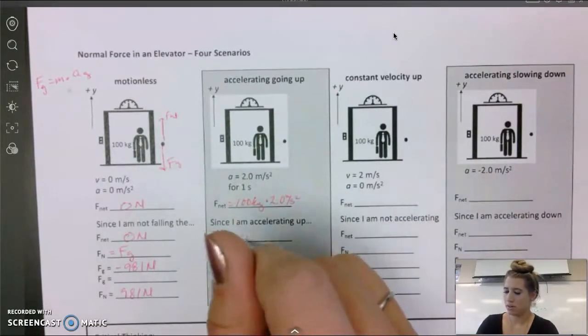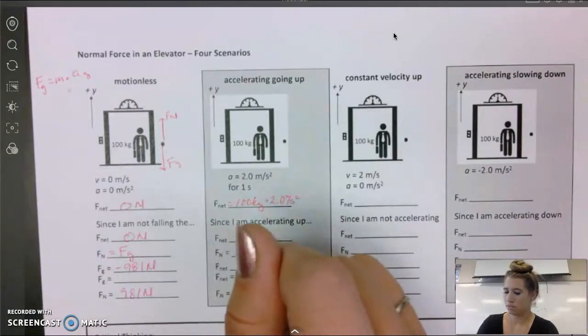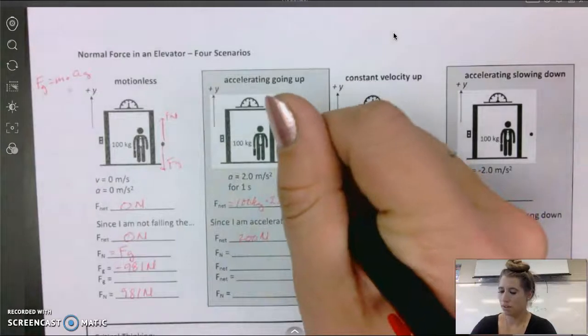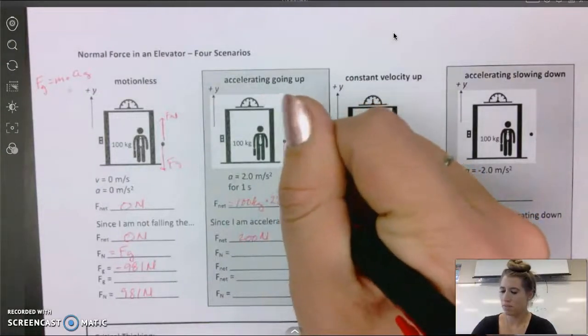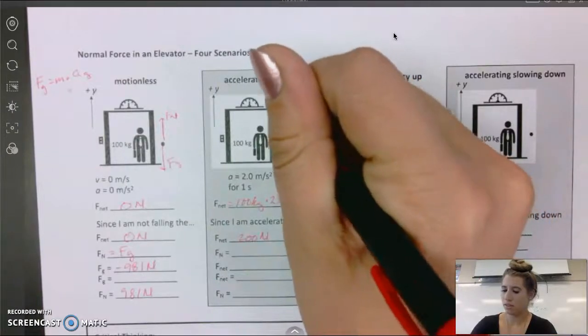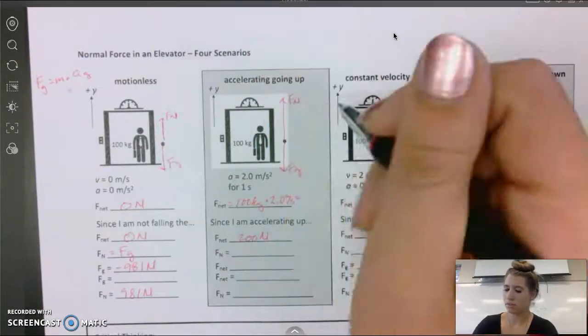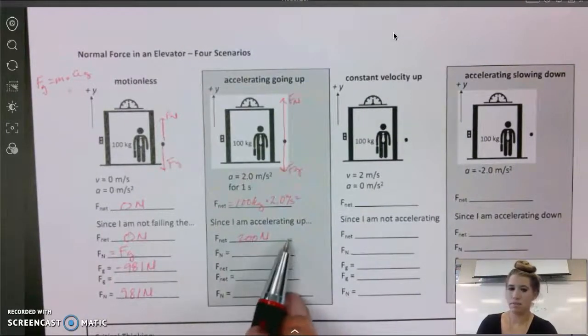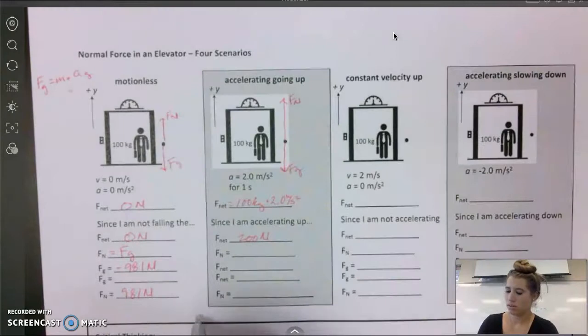So our net force is going to be 200 newtons. And so again, we have a force due to gravity, and then we have an even larger force normal. We know that the sum of the two forces has to equal 200 newtons.